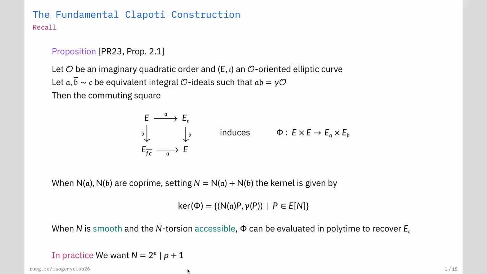Right? So when this is the case, then the torsion is actually rational on the curve. It will be Fp2 rational. And because n is a power of 2, we have already existing formulae for evaluating 2 to the e isogenies in dimension 2. So that's the fundamental building block that we want to use.